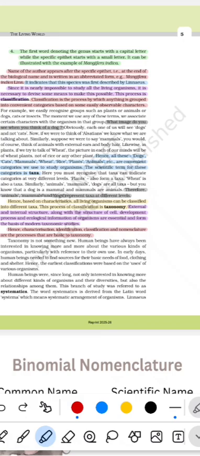External and internal structure, along with structure of cell, development process and ecological information of organisms are essential to form the basis of modern taxonomic study.